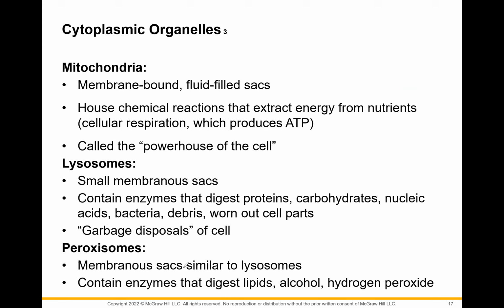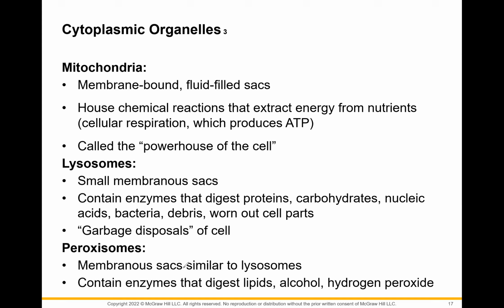They're both sacs, kind of like a vesicle, but the lysosomes contain digestive enzymes that are going to help break down proteins and carbohydrates. On top of that, they also help break down anything that's excess, as well as debris, worn out cell parts, and even bacteria. They have these digestive enzymes within them, and they work like a garbage disposal.